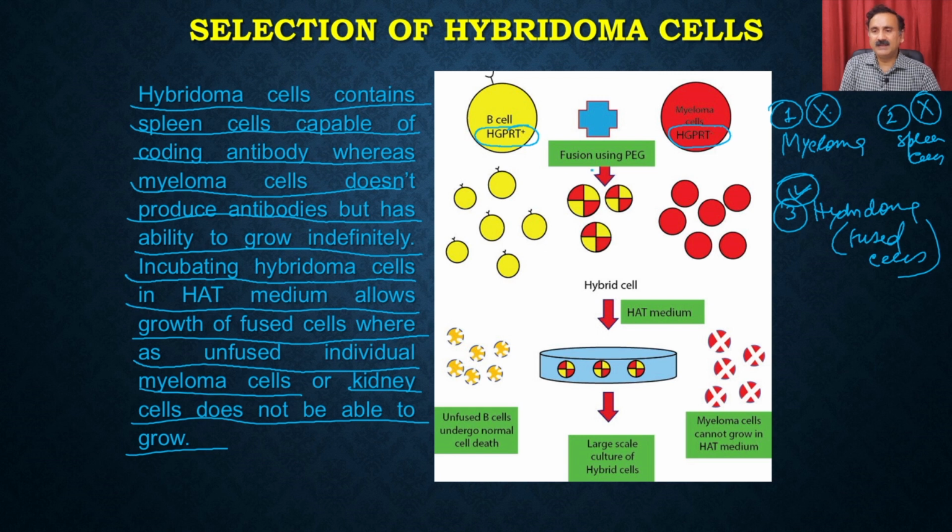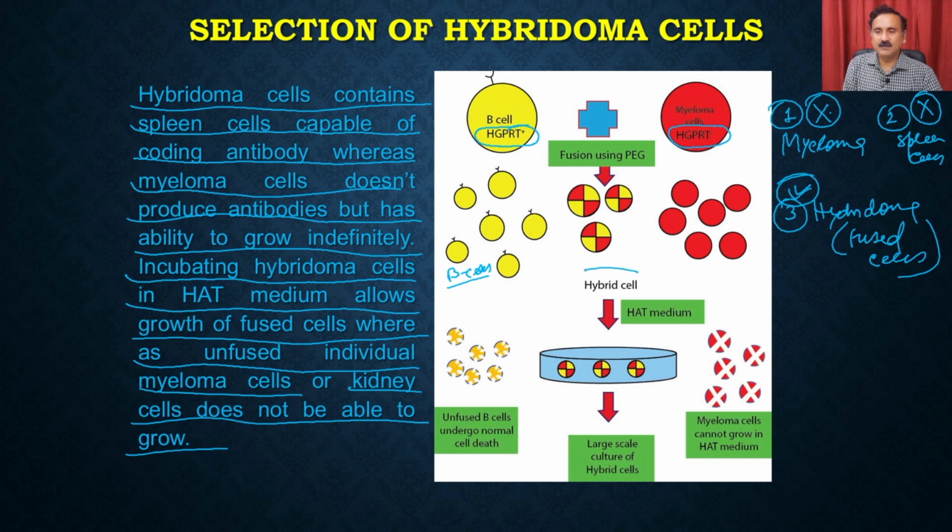So when you fuse them, you are going to have 3 cell types. You're going to have the B cell, which is HGPRT positive, but it cannot grow for an indefinite period of time because it has a limited life span. Then you have the myeloma cells, which are HGPRT minus, so they will not be able to survive in the presence of this HAT media, and then you are also going to have the fused cells.